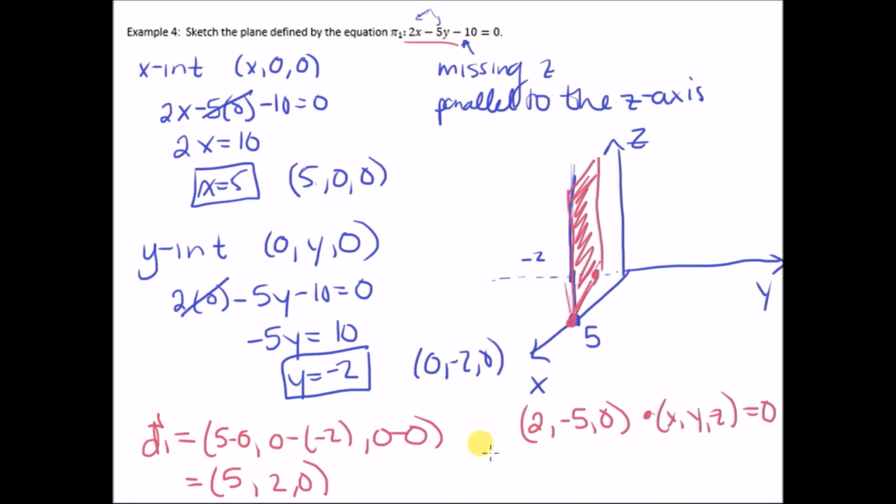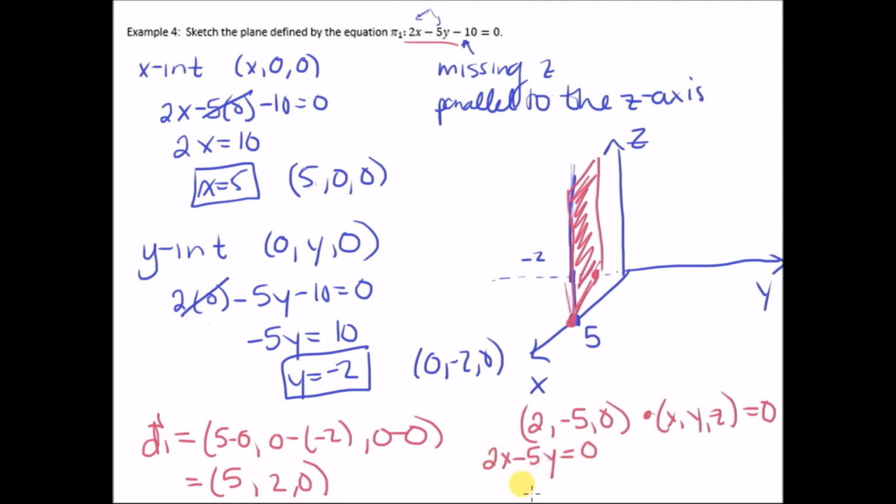So we can do 2x minus 5y plus 0z, which is just equals 0. We need 2x minus 5y to equal 0.